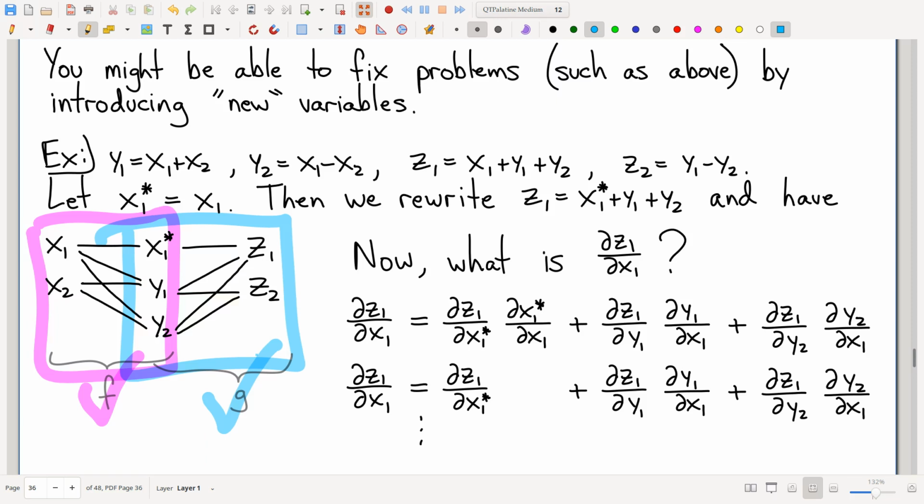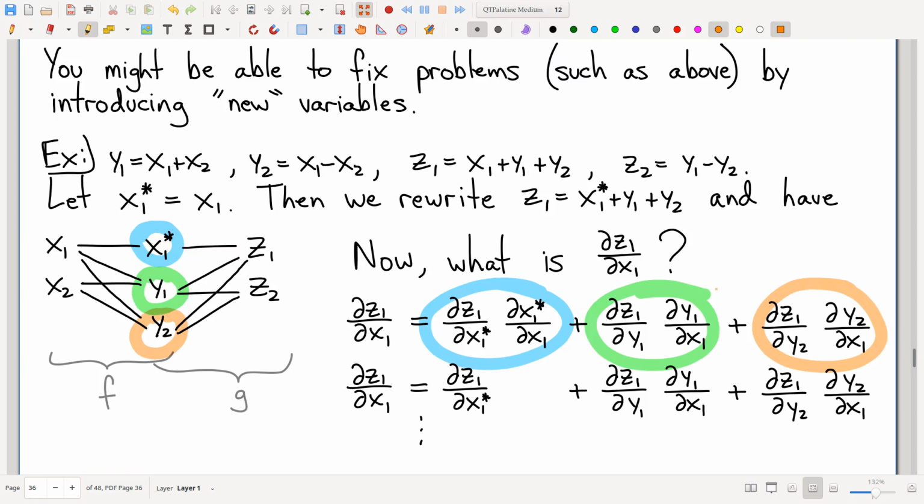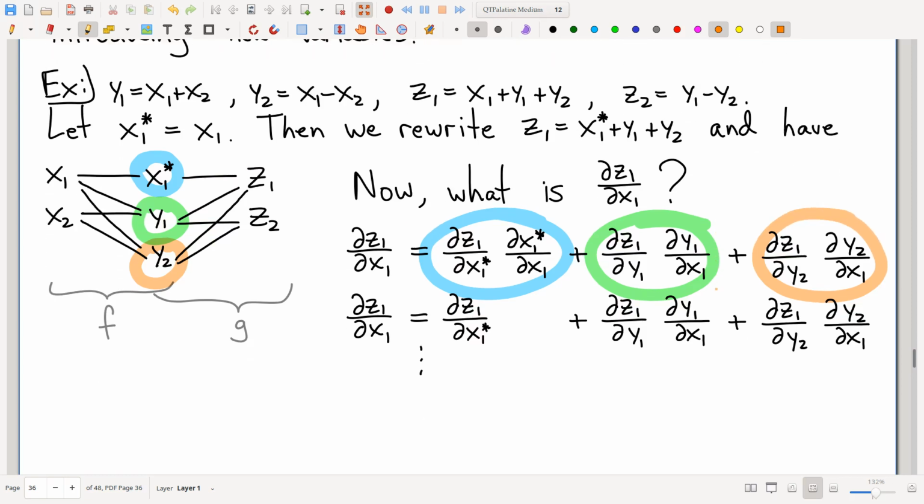We're all good. And now you can write down the chain rule. We have 3 intermediate variables, thus giving us 3 terms. Y'all remember how all of that works. 3 intermediate variables, 3 paths through which changes can propagate. Reminder, we're interested in the partial of z1 with respect to x1. So 3 paths from x1 towards z1.